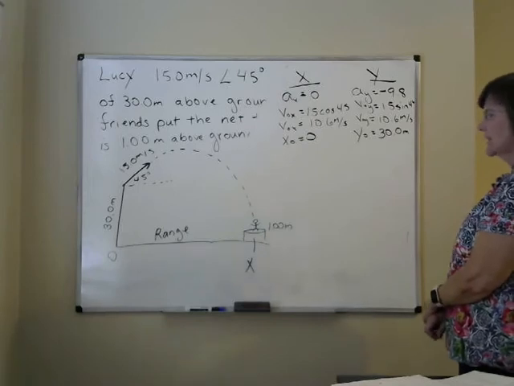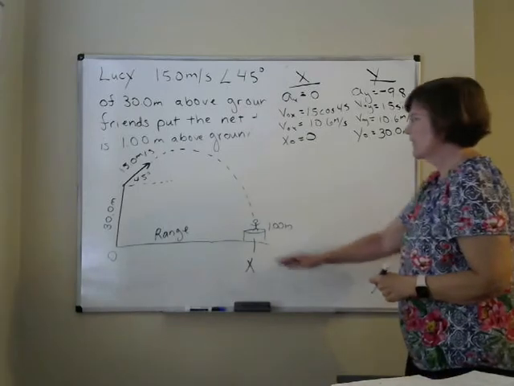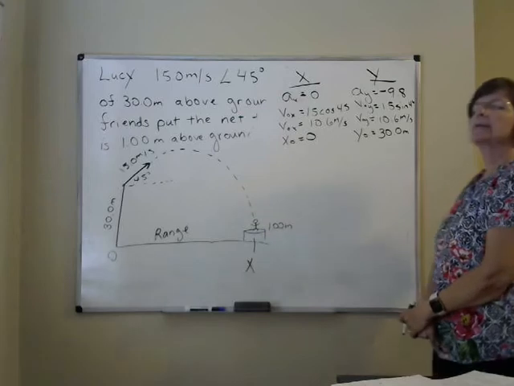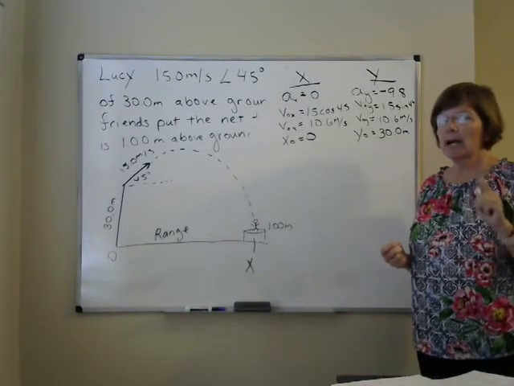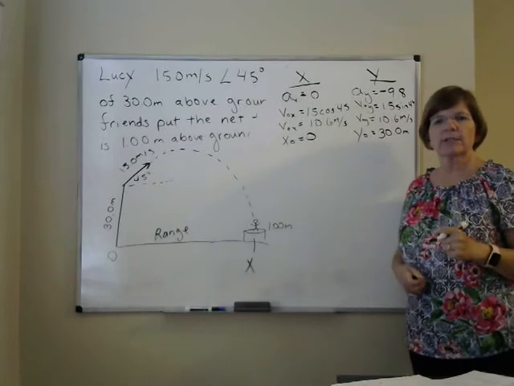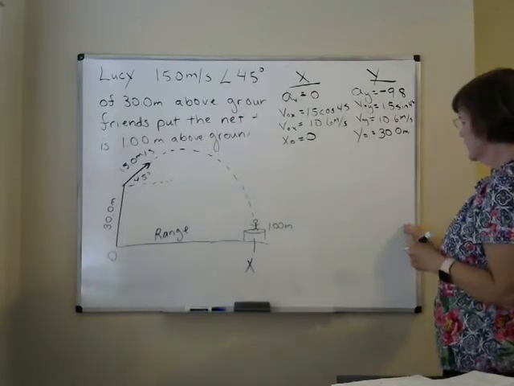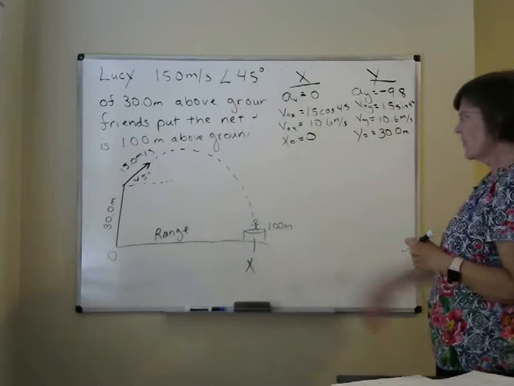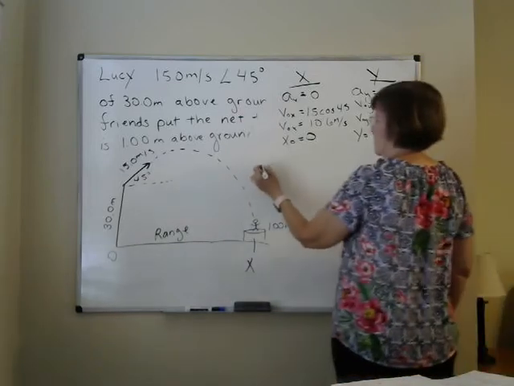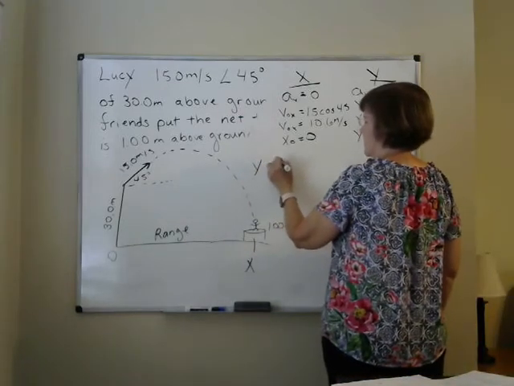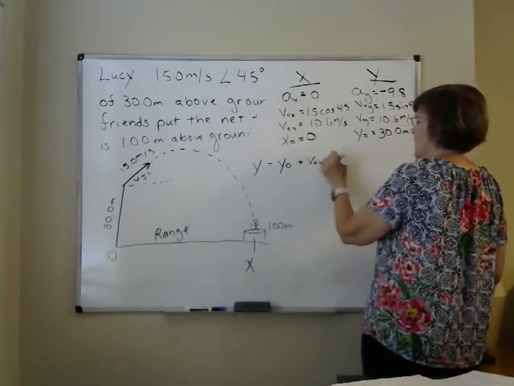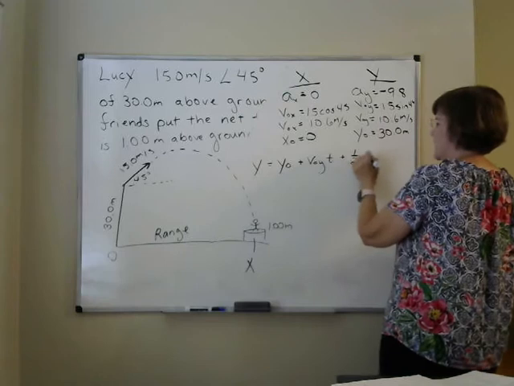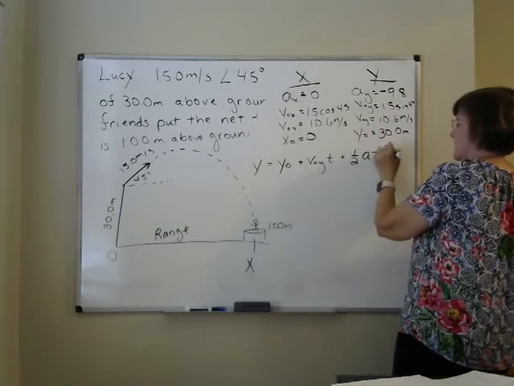We got to find the time, and then we'll find the range. Time, horizontal question, vertical question. Time is always a vertical question, okay? Time is the vertical motion is what causes you to fall and hit the ground. So y equals y0 plus v0y t plus 1/2 a t squared.